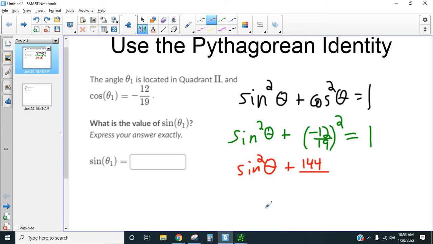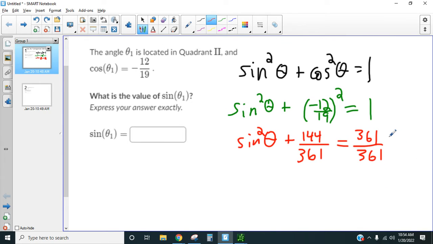What's that? 361. Now watch this little trick. Instead of writing 1 over here, why? Right, you can see what's coming next, right?